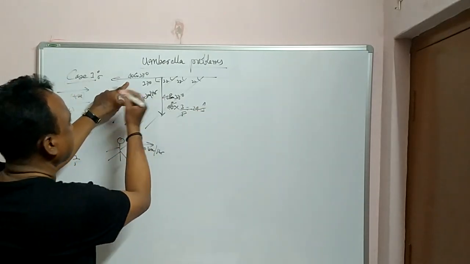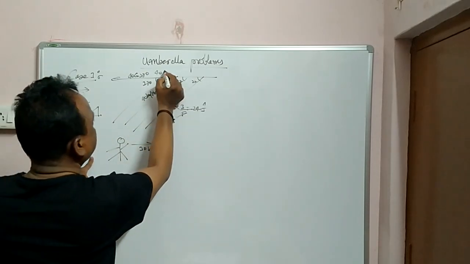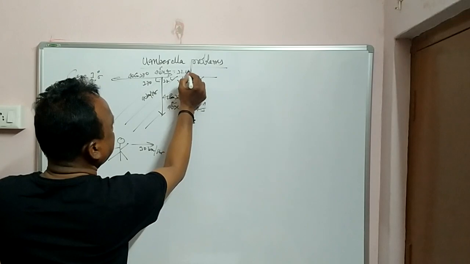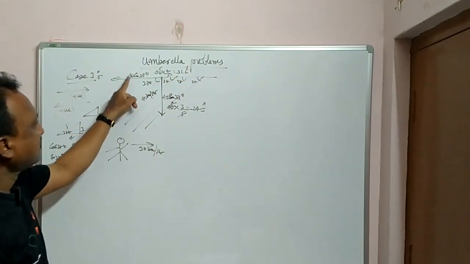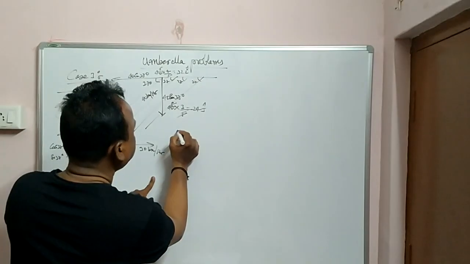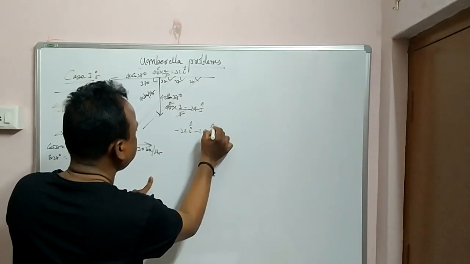And in the negative x-axis direction, 40 cos 37, which is 4 by 5 into 40, 8 fours are 32 i cap. So the vector notation of the rain falling is minus 32 i cap minus 24 j cap.